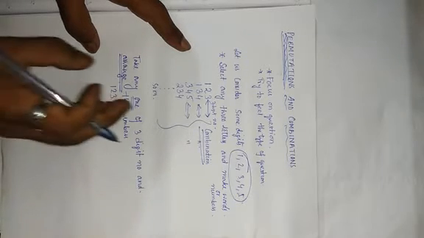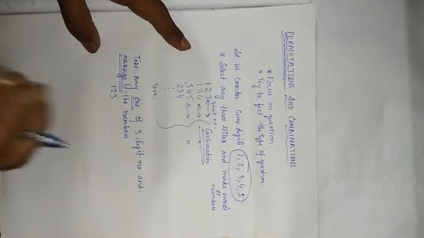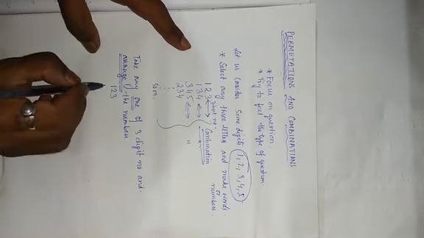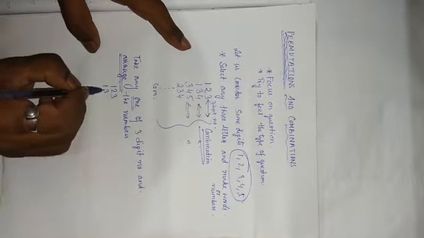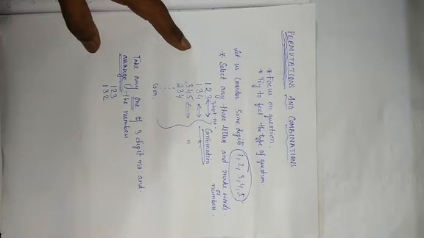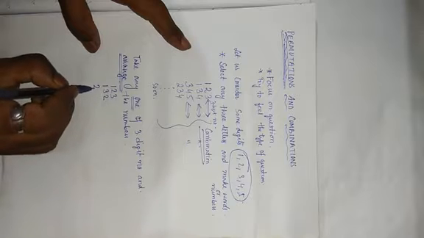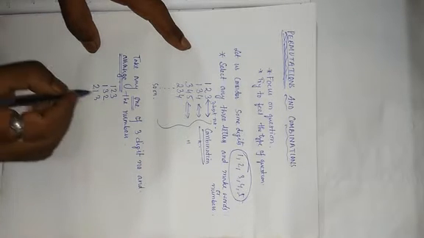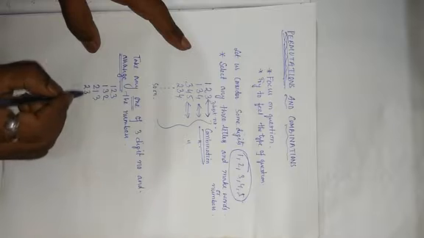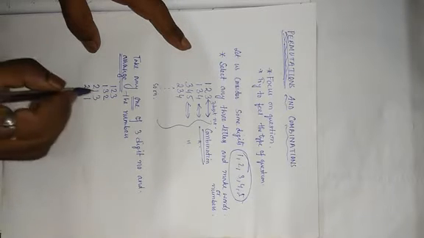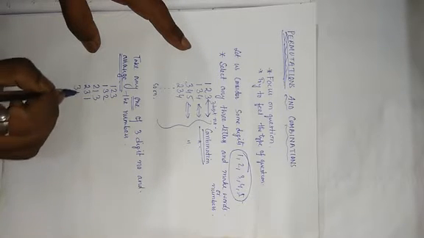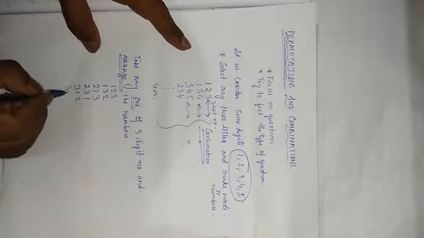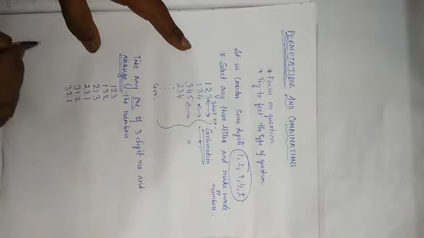Now I am telling you to arrange these numbers. So how will you arrange? You may write 1, 3, 2, or you may write 2, 1, 3, or you may write 2, 3, 1, or you may write 3, 1, 2, or 3, 2, 1.